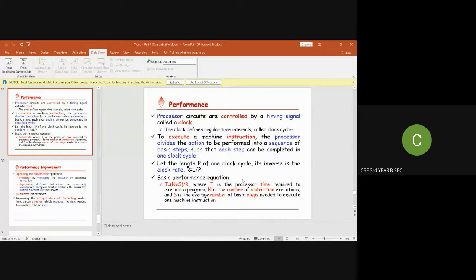So here is the basic performance equation: T = N × S / R. T is the processor time required to execute a program. N is the number of instructions in the program, and S is the average number of basic steps needed to execute one machine instruction. R is the clock rate. So this is the basic performance equation.